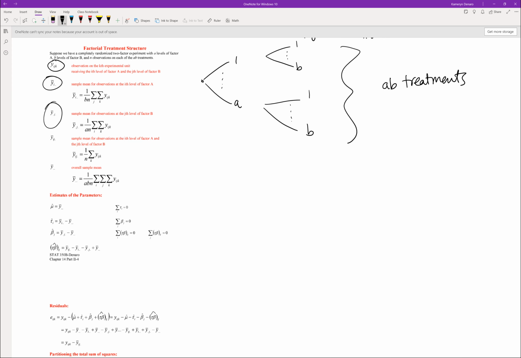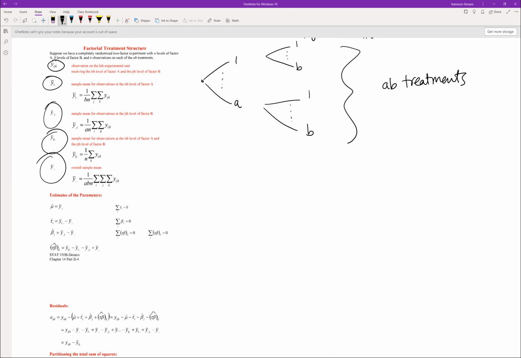If you want the Y bar ij dot, that's the sample mean for the observations at the ith level of factor A and the jth level of factor B, so we just sum over the k's of our Y_ijk's and divide by N. And if you want Y bar dot dot dot, that's the overall sample mean, so you sum over the i's, the j's, the k's, and divide by ABN.